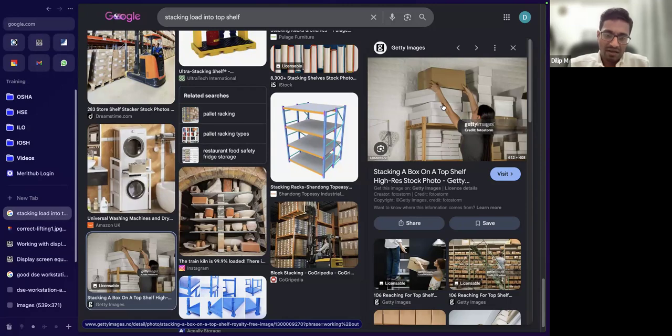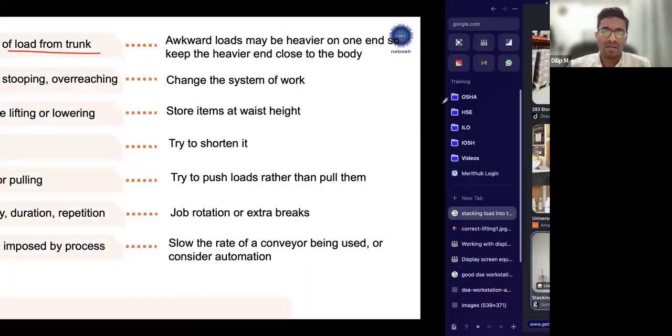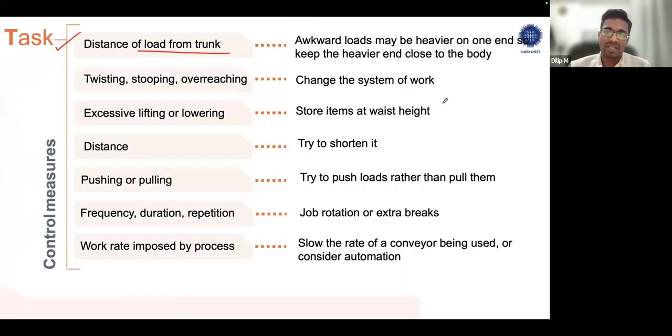Imagine lifting a load which is very close to the body and lifting a load which is away from the body. If it is away from the body, then the risk is very high. So if the distance of load from the trunk is high, then awkward loads means maybe heavier on one hand.